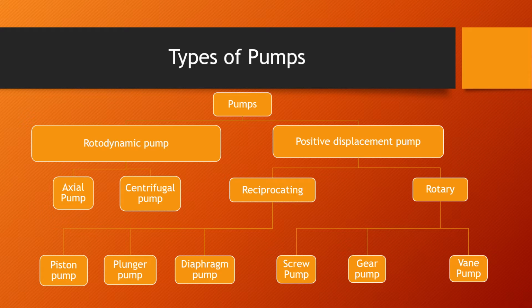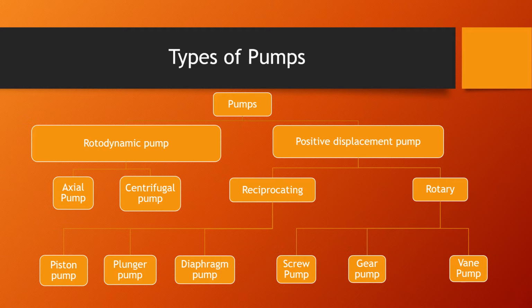Very similar. So reciprocating pumps can again be subdivided into piston pumps, plunger pumps, and diaphragm pumps. And you can say that all of these have reciprocating action. So these pumps generally do displacement using reciprocating movement.